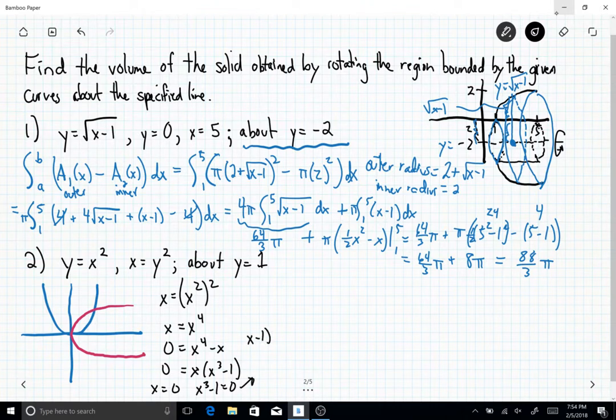If you don't know how to factor it, it's x minus 1 times x squared plus x plus 1 equals 0 is the way to factor it. And notice you get x equals 1 as the solution. This one, the root is 1 plus or minus the square root of 3i over 2. So you have a complex number, so that's not going to play a role here. So we don't have to worry about that.